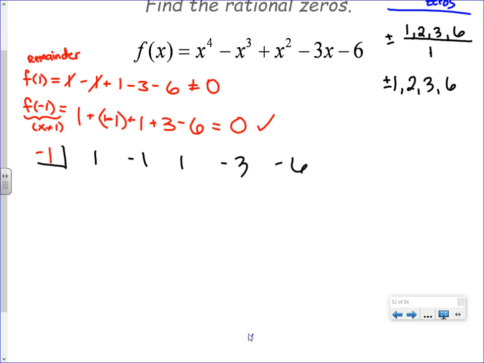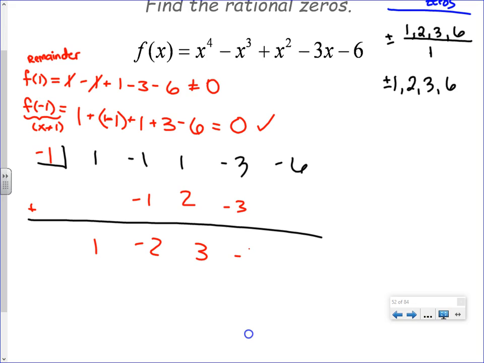Oh, come on. We can do synthetic. No stress. Okay, bring down the 1. Negative 1. Negative 2 times negative 1. That's 3 times negative 1. That's negative 6 times negative 1. That's just like we thought. Not gorgeous, but it worked.